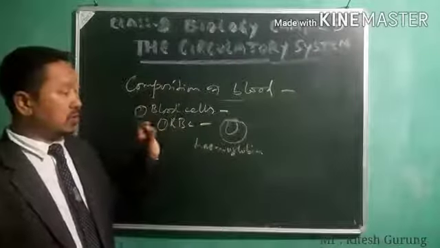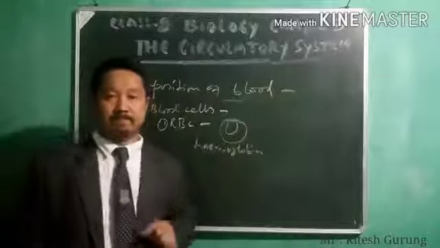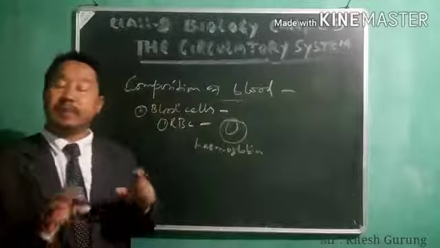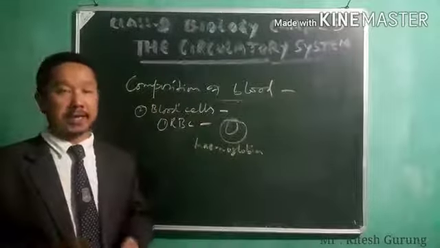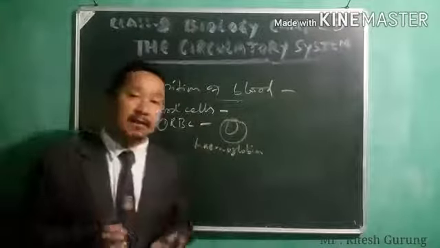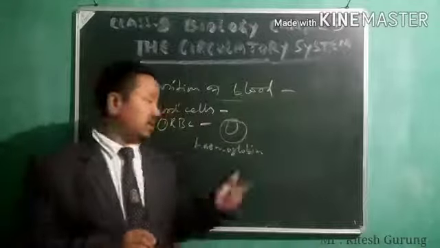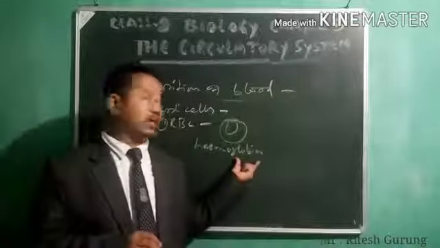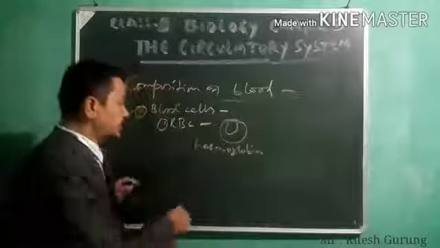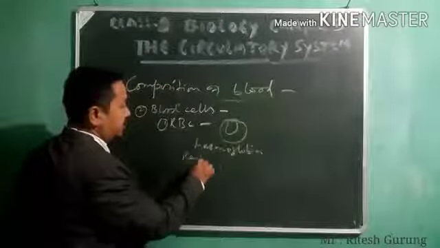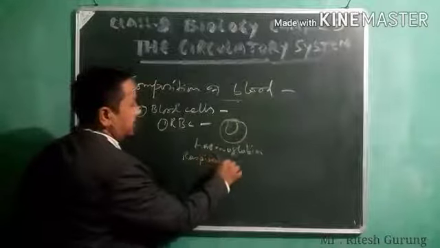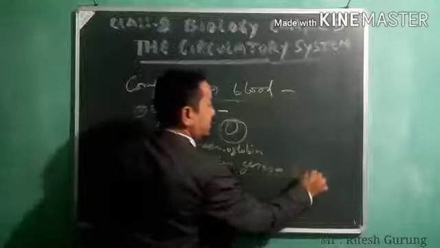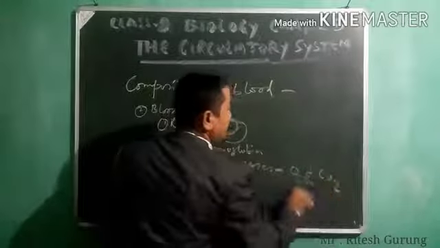So what does that hemoglobin do then? The hemoglobin present in RBC does a very important work, that is carrying the respiratory gases. It transports the respiratory gases in the body. Respiratory gases means oxygen and CO2, carbon dioxide.